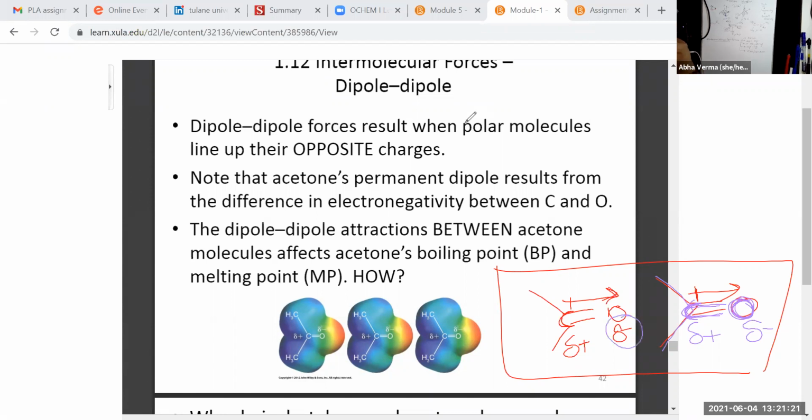So this negative will line up with this positive charge. Overall, the molecule is still neutral. There is no difference between the charges. You just have to understand how these neutral and polar molecules are lining up. Any questions?